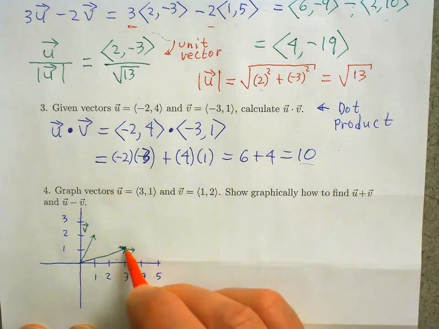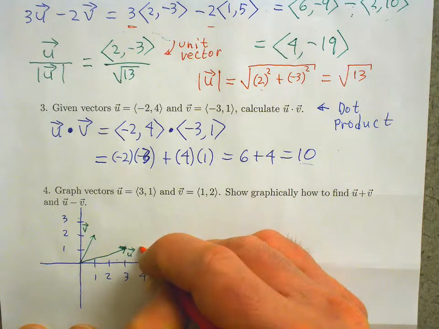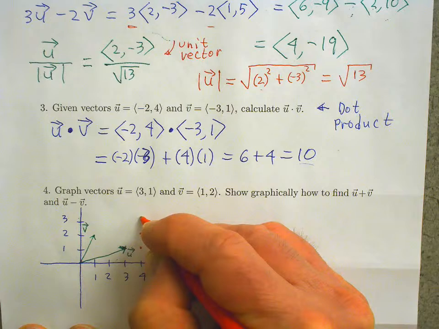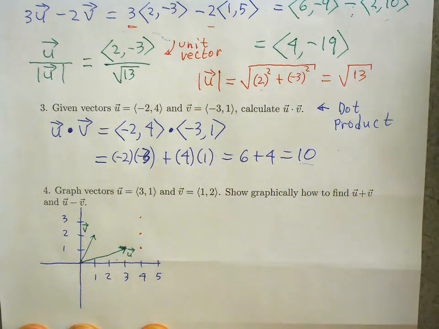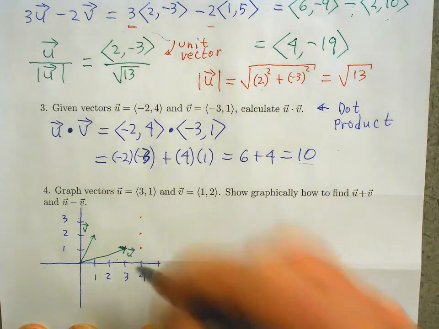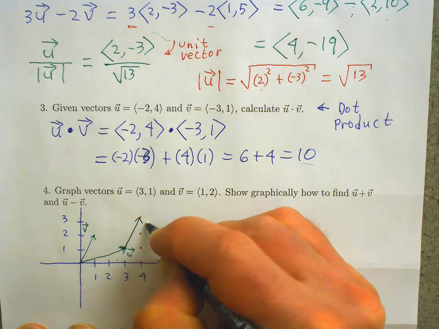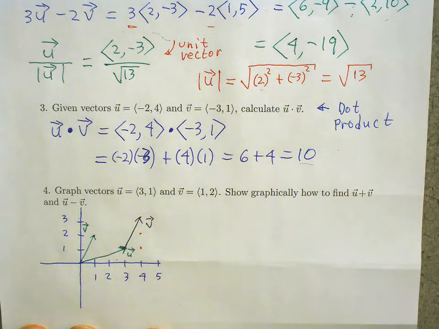So from the endpoint of U, if we just move to the right 1 and up 2, then this is the vector V translated. So my picture doesn't really look like it, but those are supposed to have the same length.